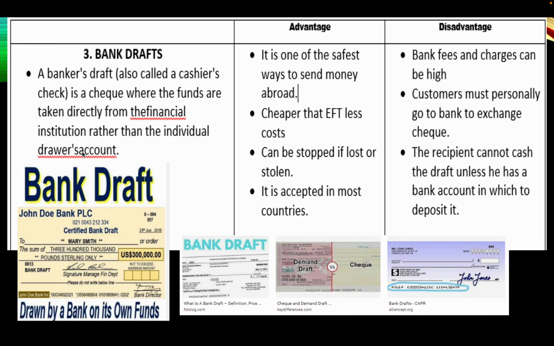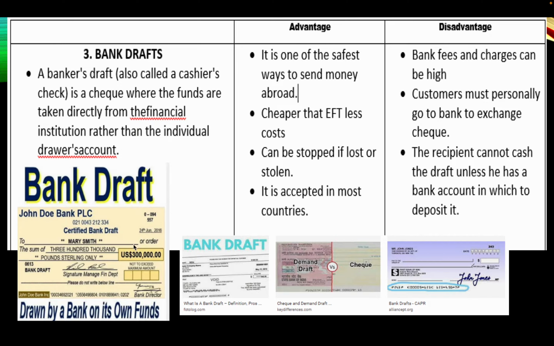This check is in the form of paper drawn by the bank on its own funds. So the bank makes it from its own funds. Then you have to pay it.